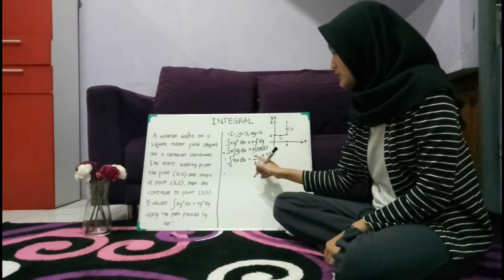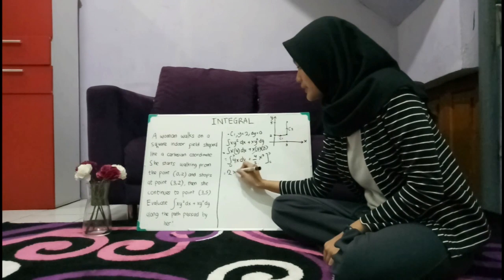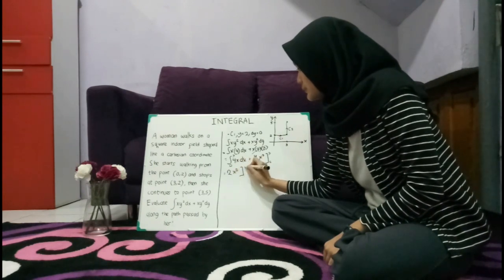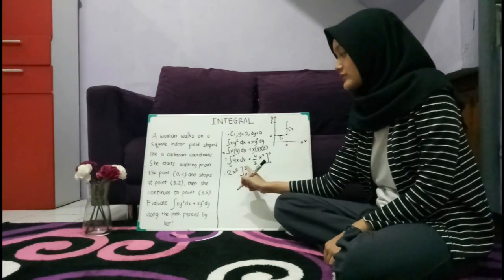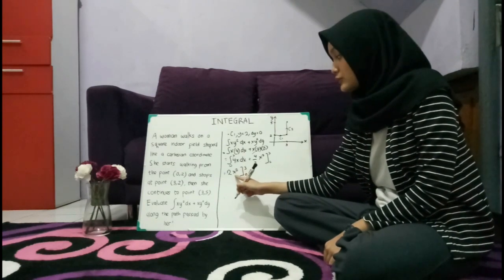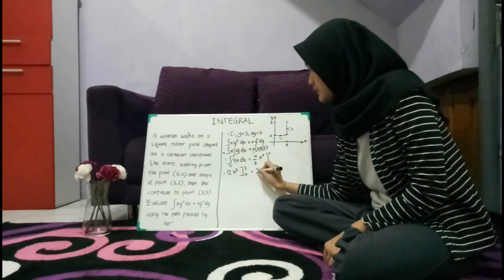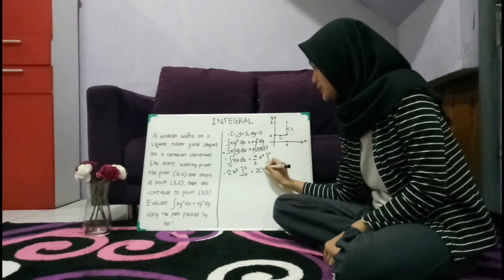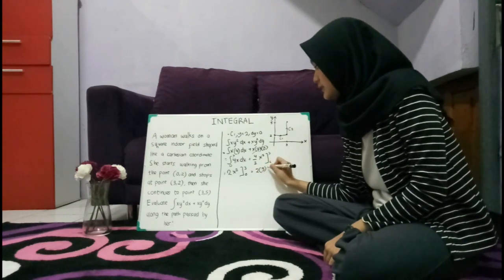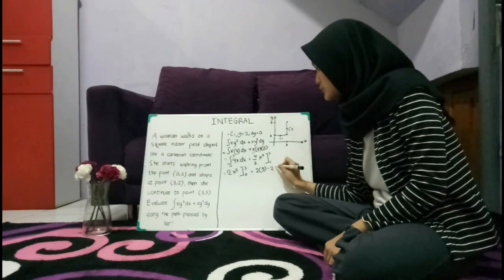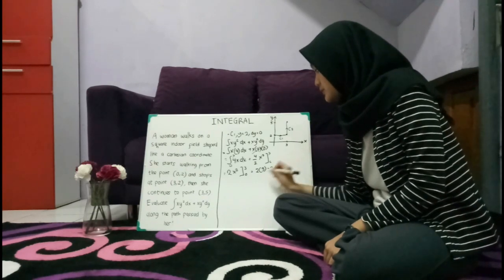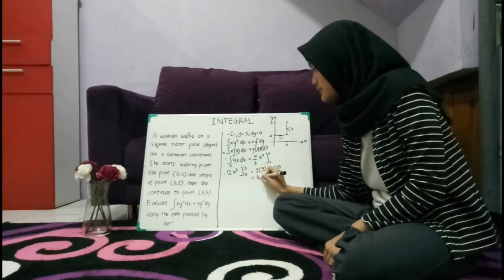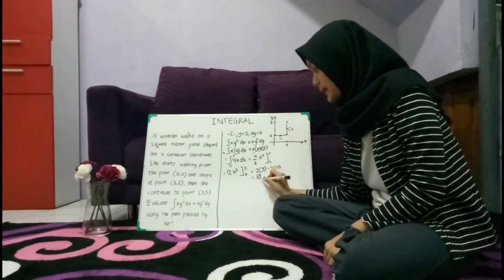We substitute this boundary: 2 multiplied by 9 minus 2 multiplied by 0. So the value of C1 is 18.